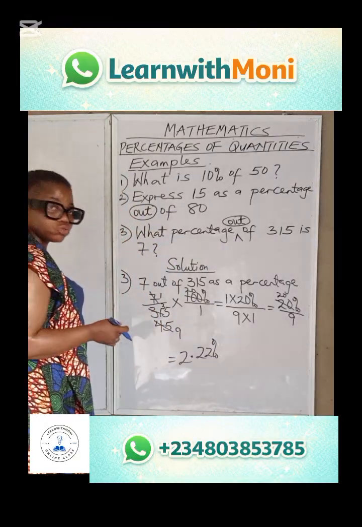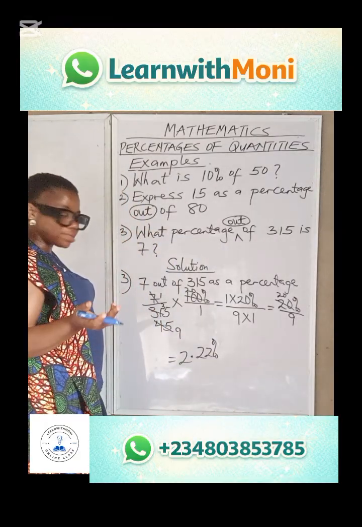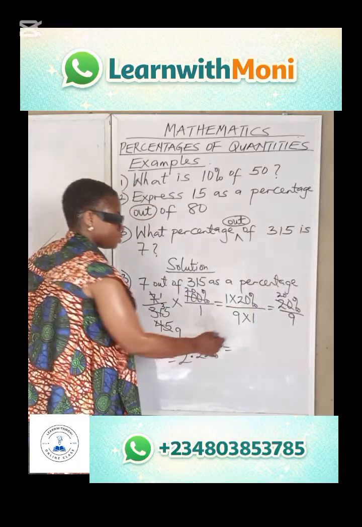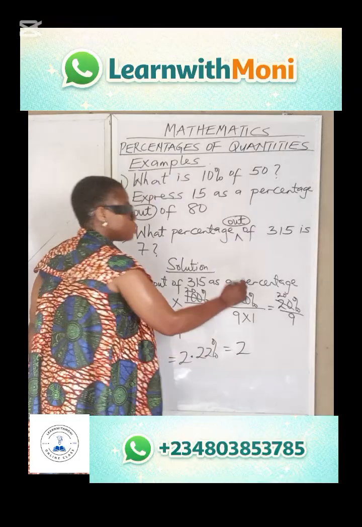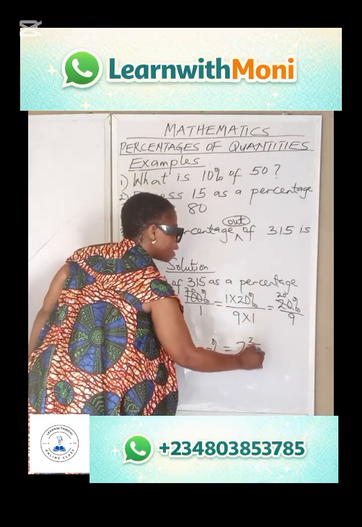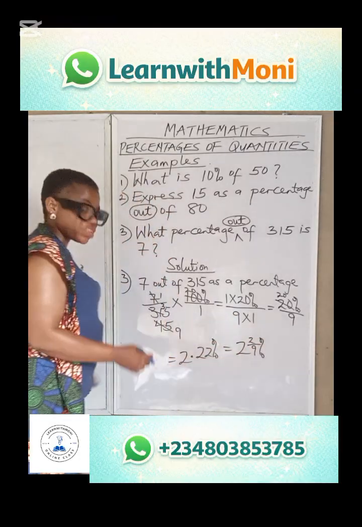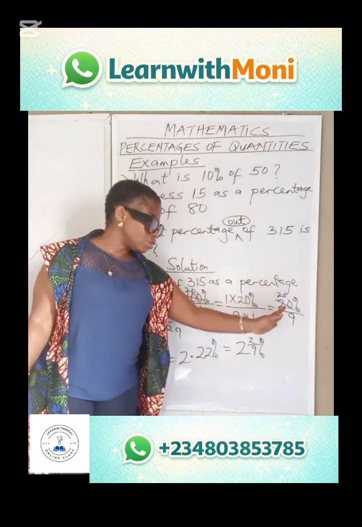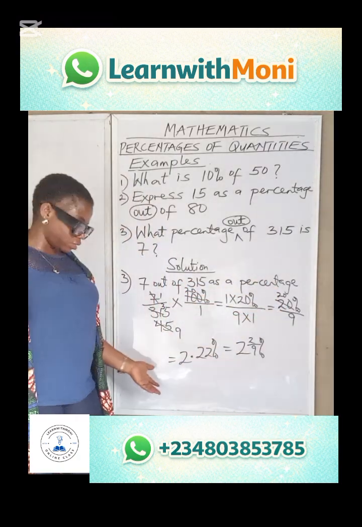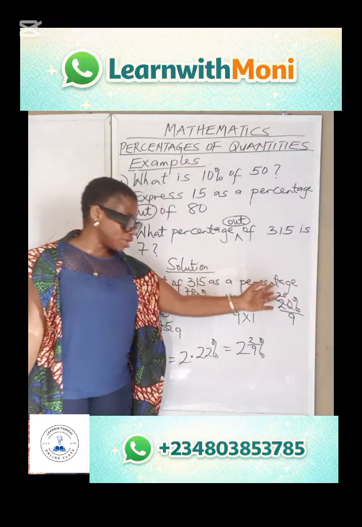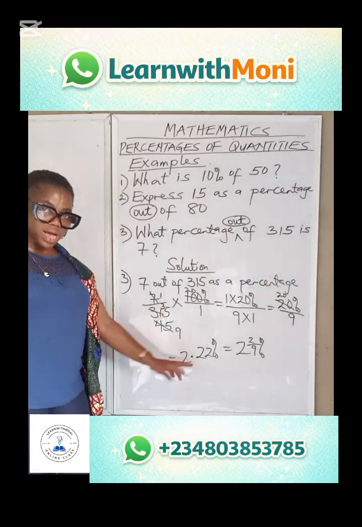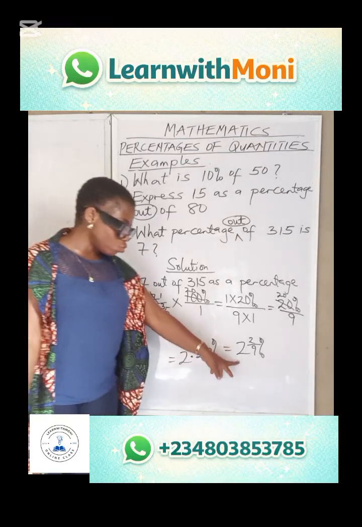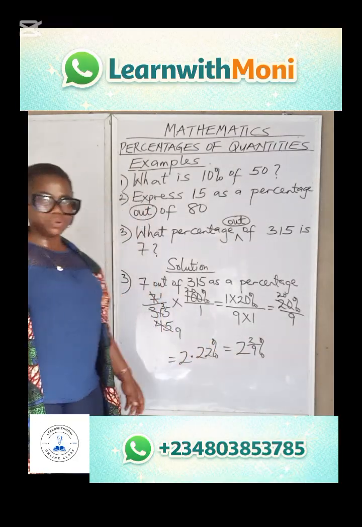That's 2.22%. Or better still, as a mixed number. How many 9 in 20? I have 2 whole number, remaining 2 over 9%. So if it is a multiple choice question and you have your answer as 20 over 9%, you can choose it. If you can't find your answer as 20 over 9%, you can take your answer further to 2.22% or 2 wholes 2 over 9%.